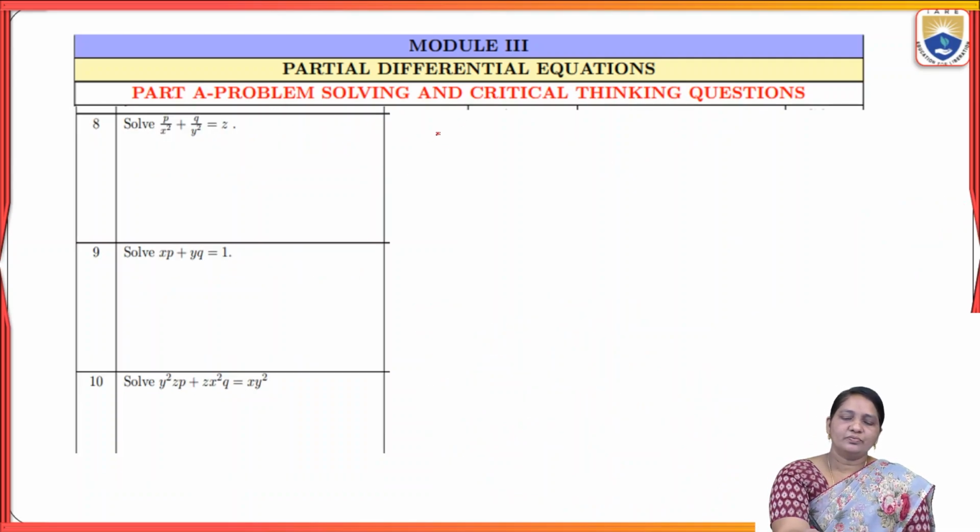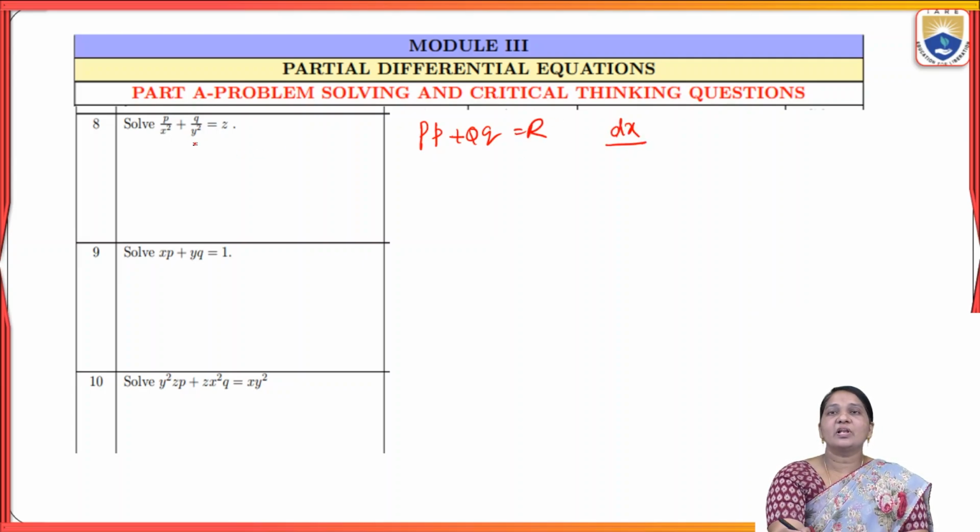Here also we compare with the Lagrange's linear equation form, that is Pp plus Qq equal to R. We write the auxiliary equation: dx by 1 by x square equal to dy by 1 by y square equal to dz by z. That means these become the P, Q, R values. Now we do the integration.